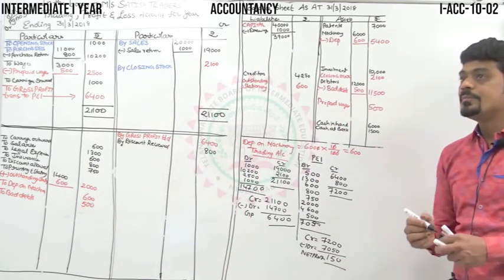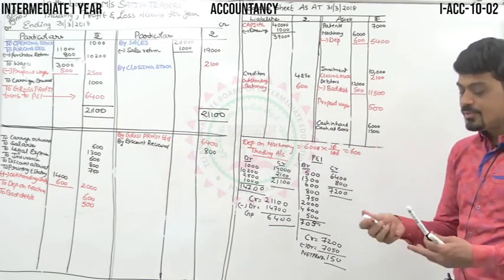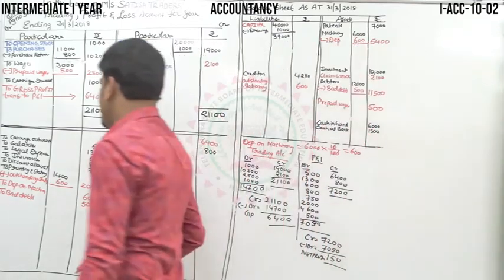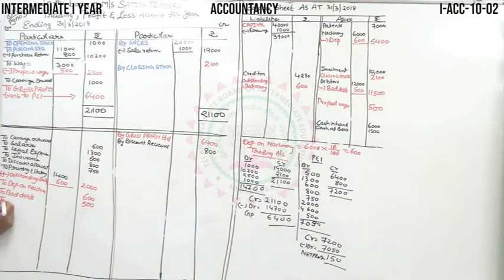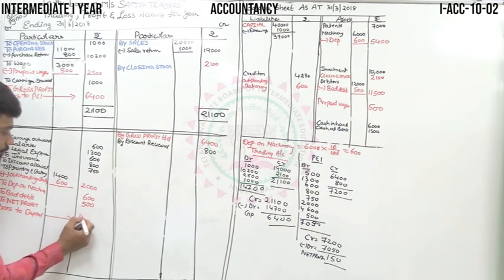What to do with the net profit? We know we have to transfer the net profit to capital. So first we'll write here, by net profit transferred to capital amount 150.